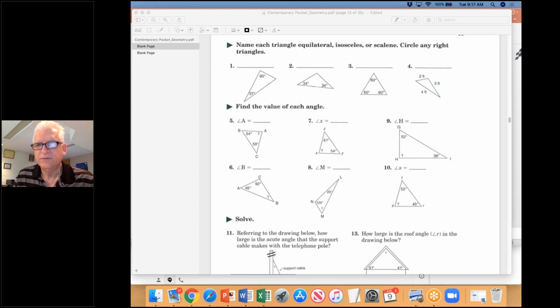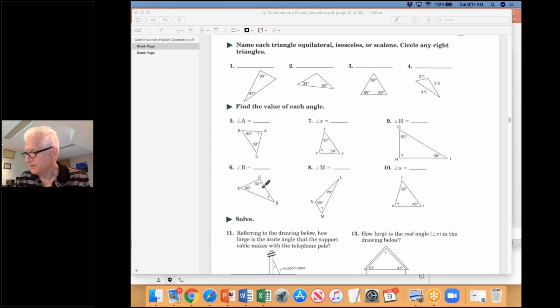So just do a few more here. Let's get rid of the drawings there. Let's move on down. Same thing here. It looks like a right triangle, but it's not, because right there, it's 92 degrees.